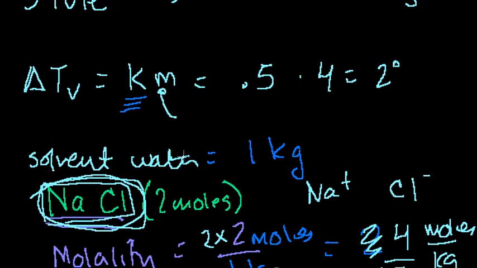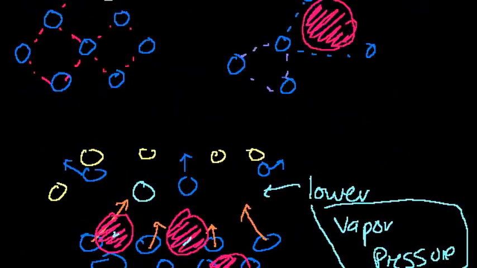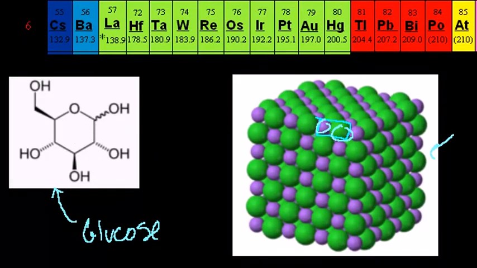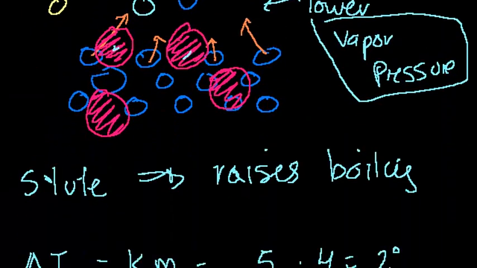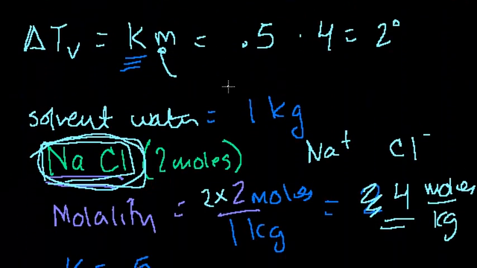So my boiling point will be elevated by 2 degrees. Now, if I had the same number of moles of glucose dissolved into my water, I would only get half as much of an increase, because the molality would be half as much, since it doesn't turn into 2 particles.